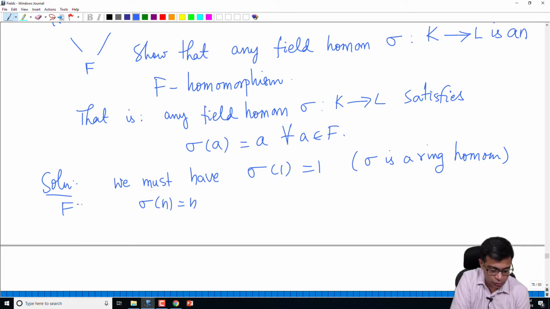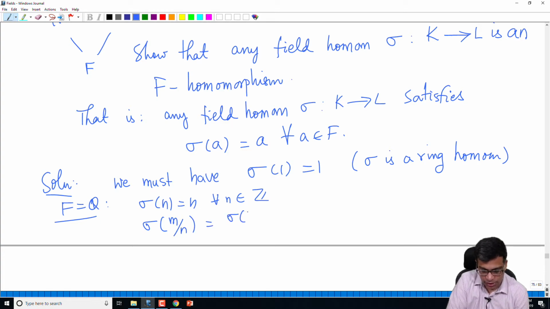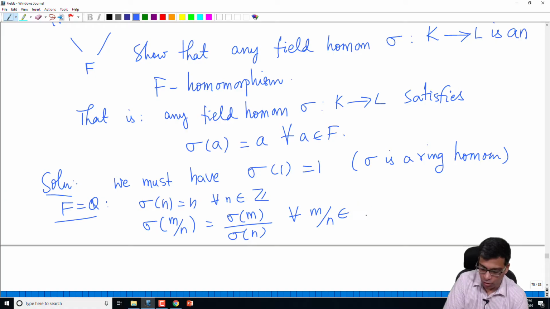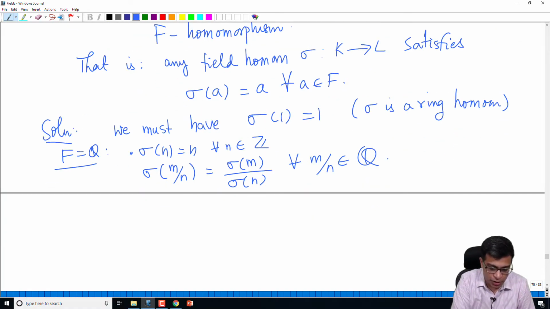So I'm going to first consider the case F equal to Q. Sigma n is equal to n for all n in Z, because sigma 2 is sigma 1 plus sigma 1, which is 2. And once sigma n is n, we want sigma of m by n to be m by n for all m by n in Q. See, this is because the first condition is clear.